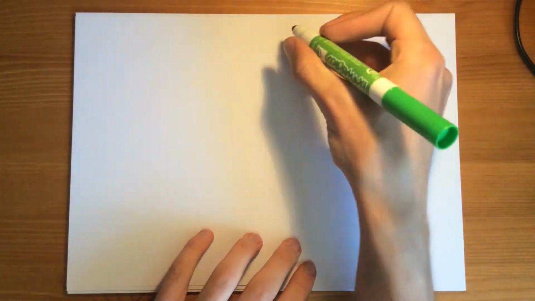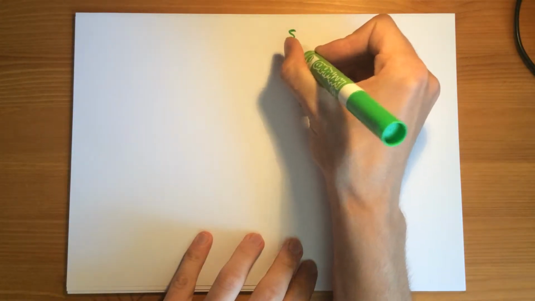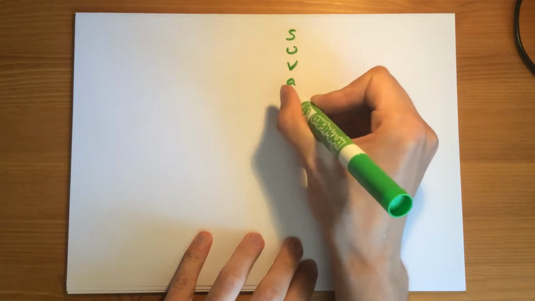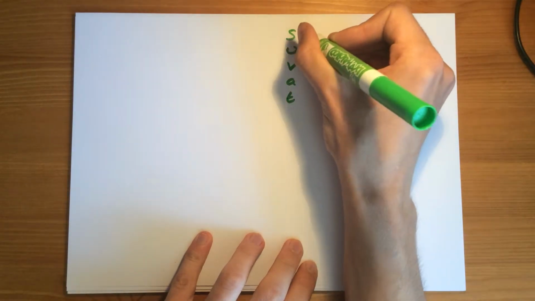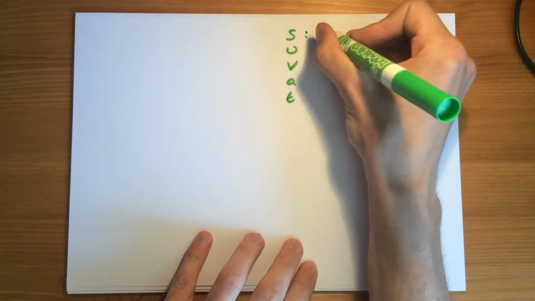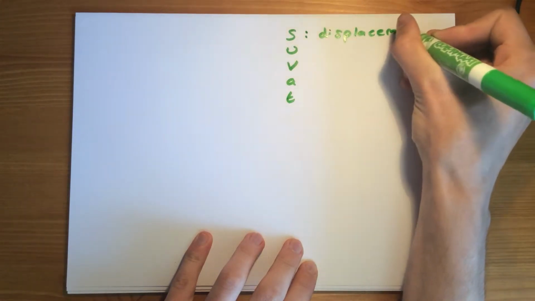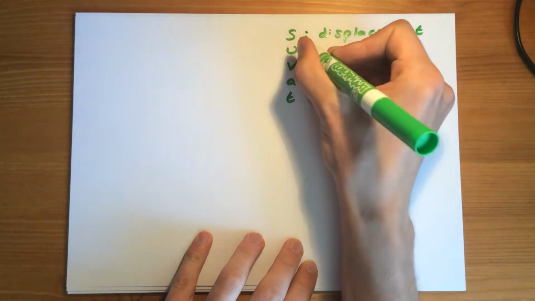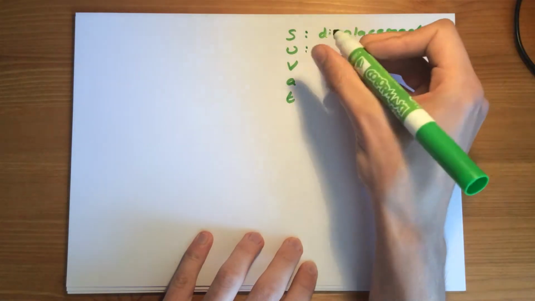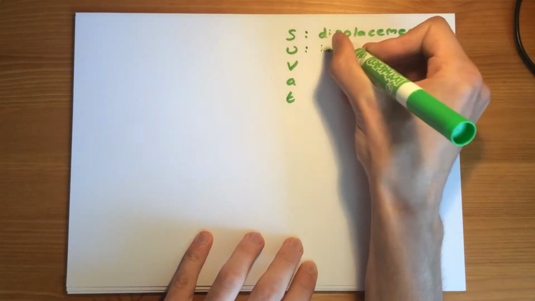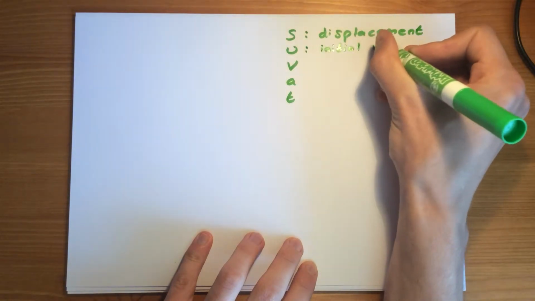So you may not call it SUVAT equations in America. Actually, I'm not sure, but in the UK we call it SUVAT because each of the letters corresponds to the quantities which are relevant. So we have S as the displacement, that's like the distance moved by, let's say, a particle. U is the initial velocity.